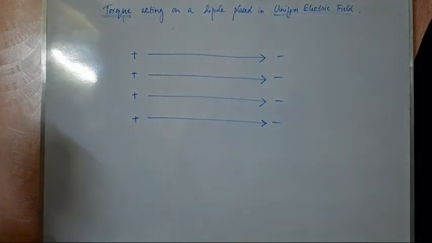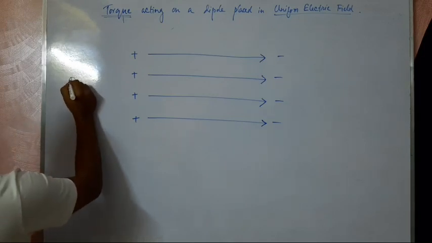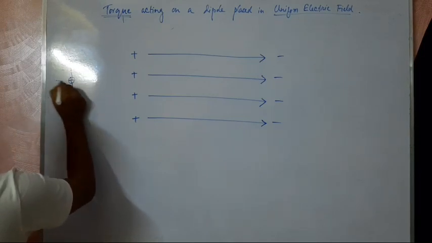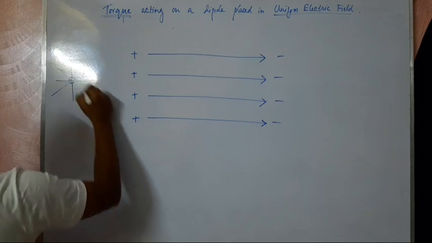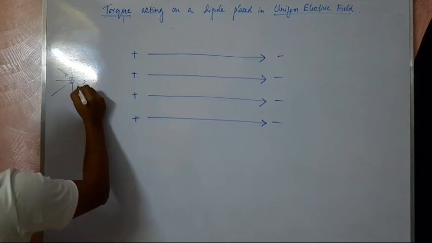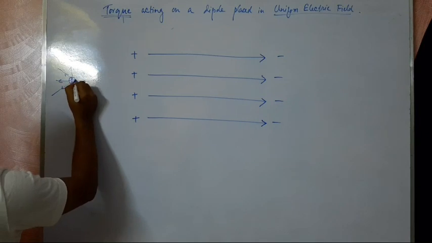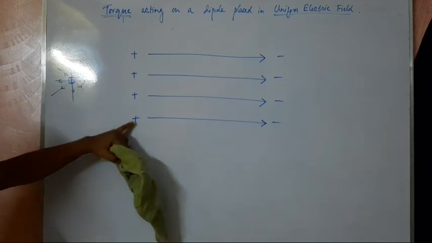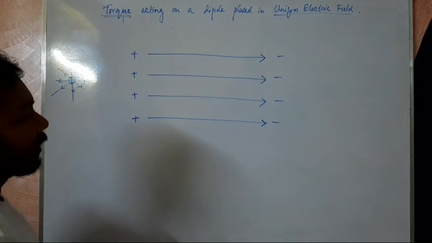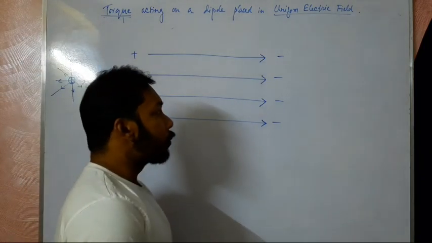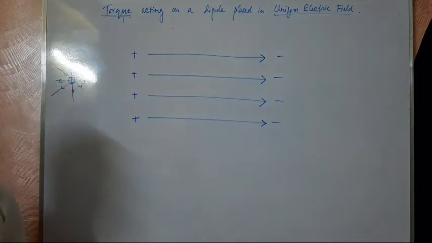As we have seen, for a single isolated positive charge, the lines are radially outward, which indicates that all the lines of force start from the positive charge. So lines of force always start from the positive charge and move towards the negative charge.